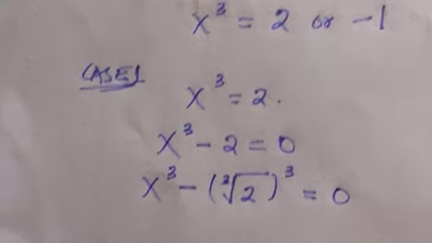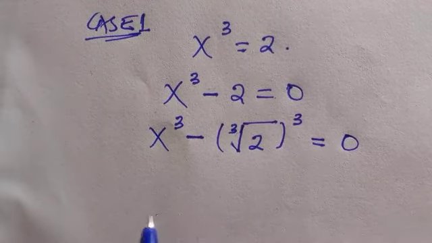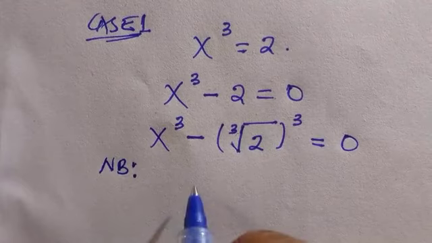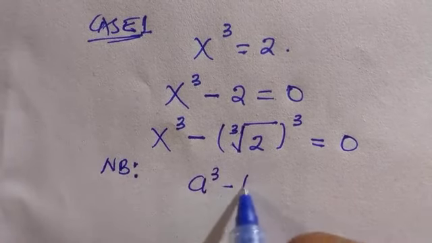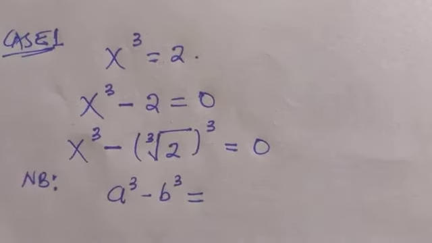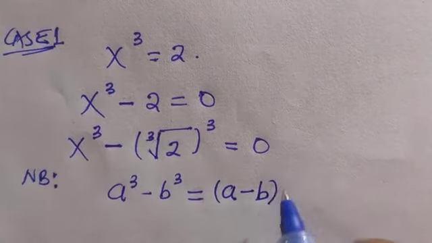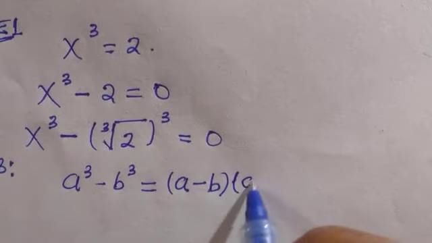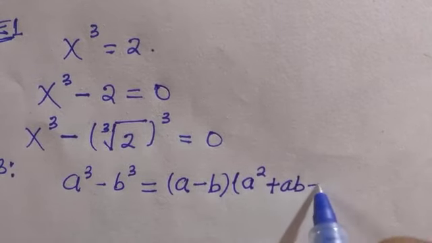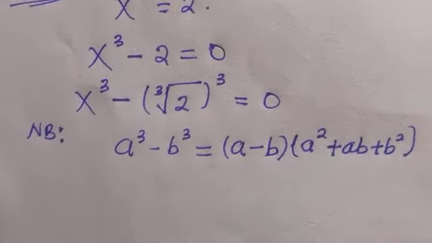Everything equals 0. And considering this, we have x and cube root of 2, all taking cube. By comparing it with a cube minus b cube, this is equivalent to a minus b bracket, we have another bracket which is a squared plus ab plus b squared. This is just like the difference of two cubes.